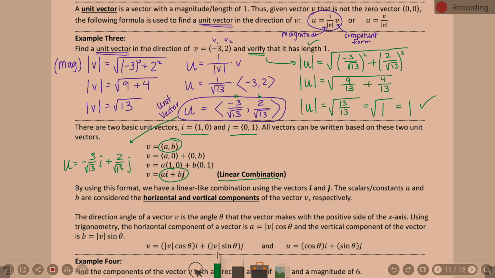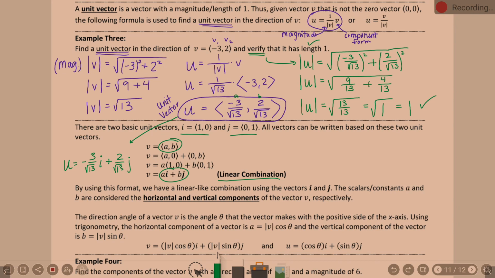The direction angle of a vector v is the angle theta that the vector makes with the positive side of the x-axis. Using trigonometry, this is how we still relate to what we've been talking about. The horizontal component of a vector, a, is the absolute value of v times cosine theta. So cosine's coming back.